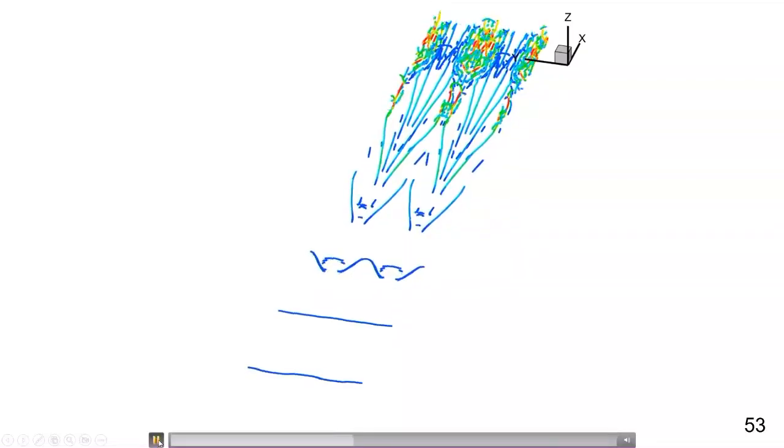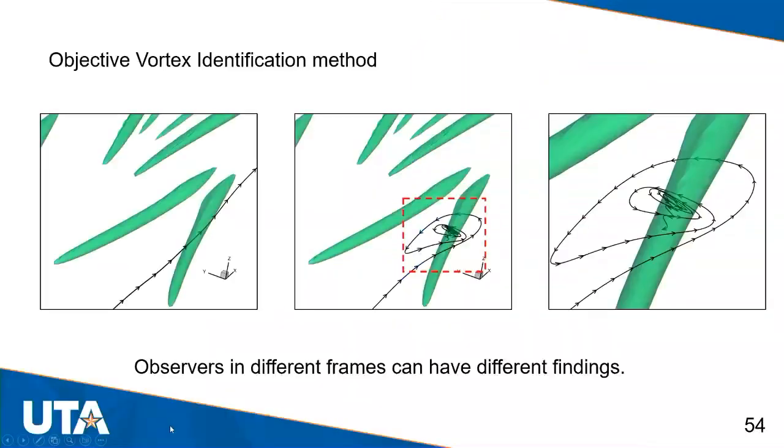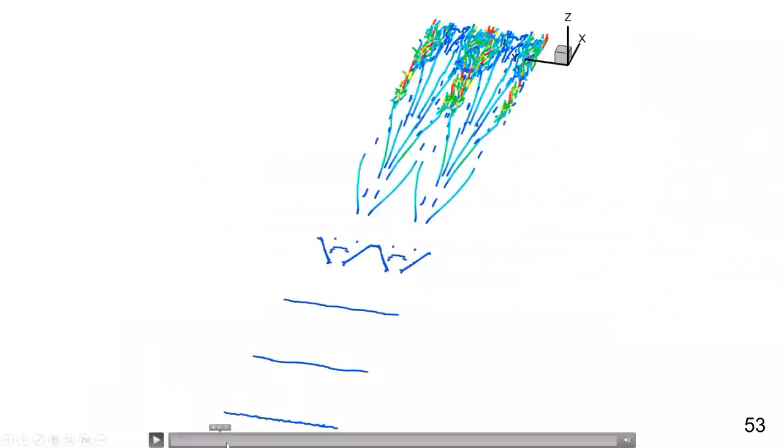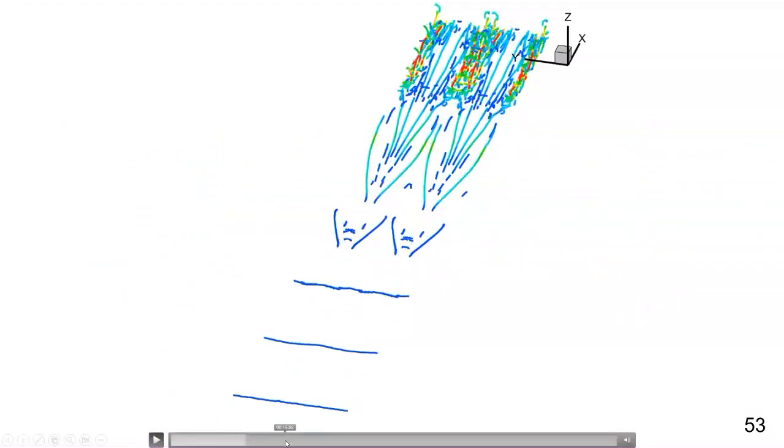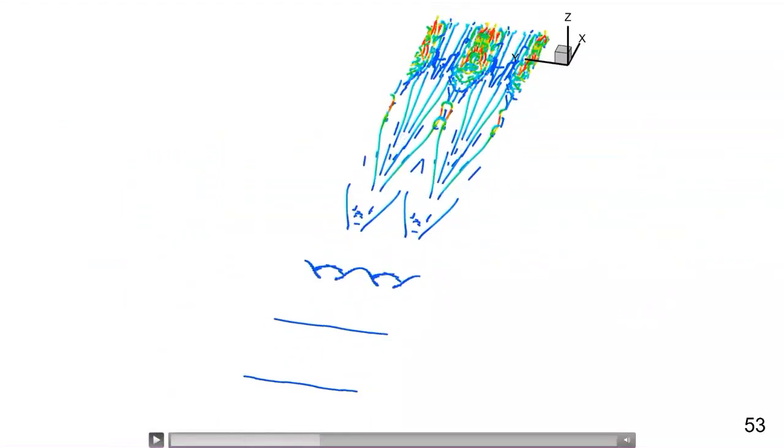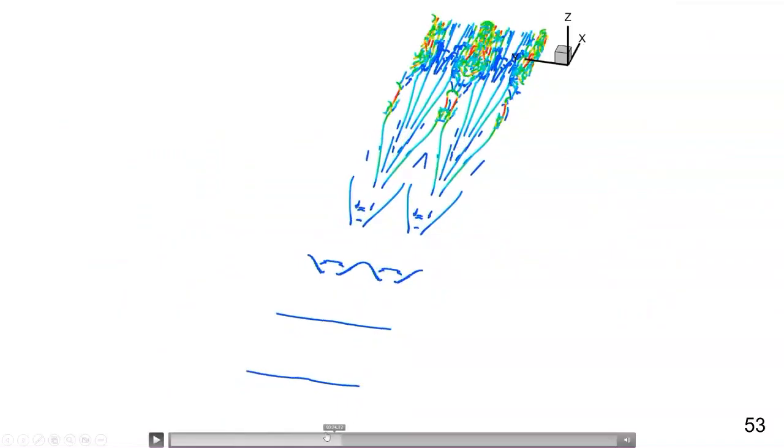The middle part separates and goes up. So these parts separate from this, and it goes up.